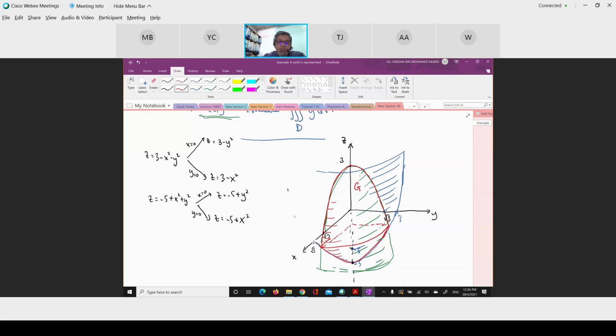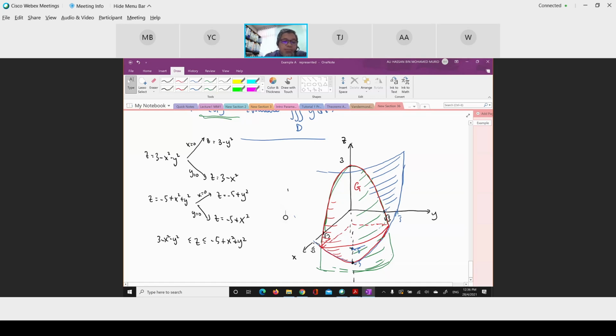So what is the region R? We know z is bounded between the lower paraboloid, which is 3 minus x squared minus y squared, and the upper paraboloid, what is the upper paraboloid? Minus 5 plus x squared plus y squared.